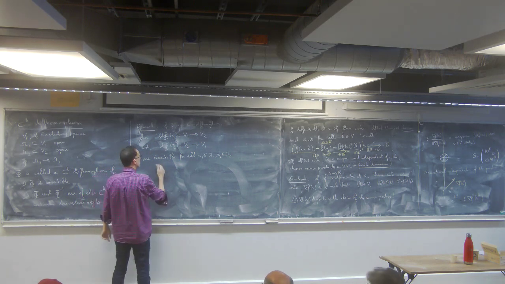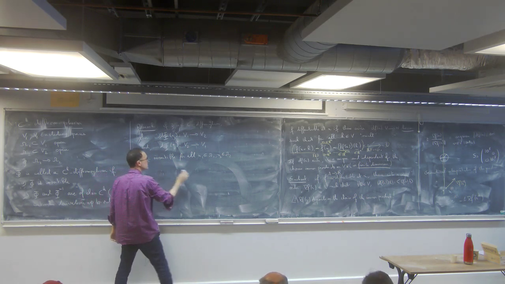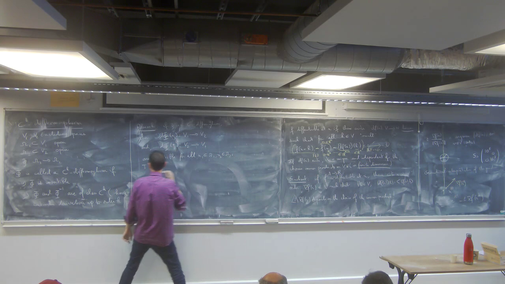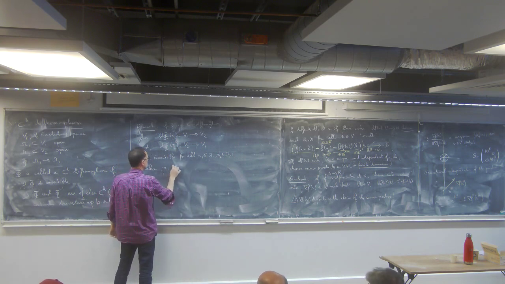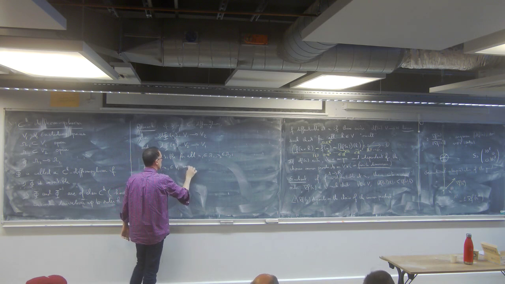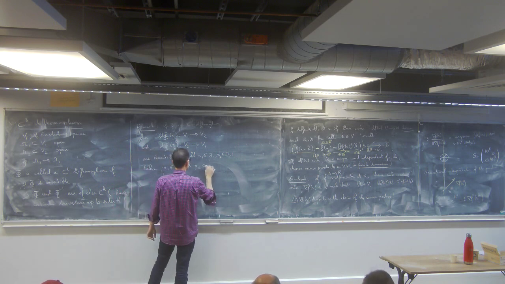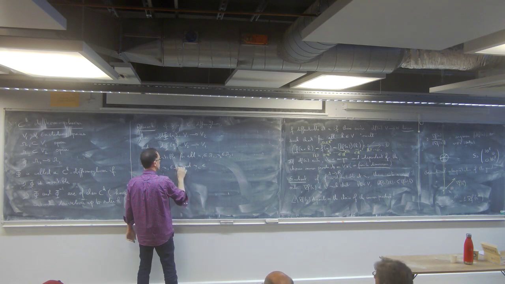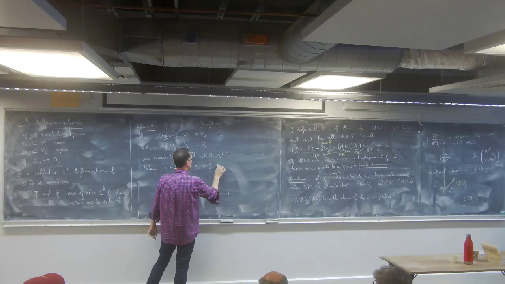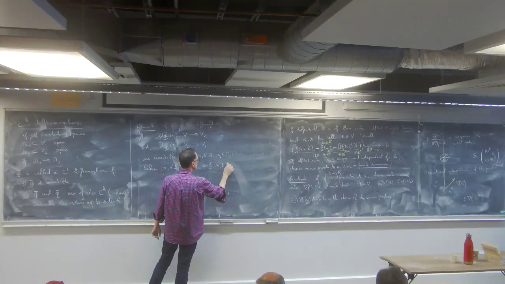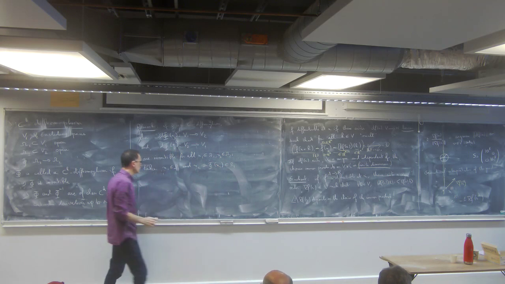This is very easy to see. Take x1 in Omega 1 and x2 equal phi of x1, which is in Omega 2.